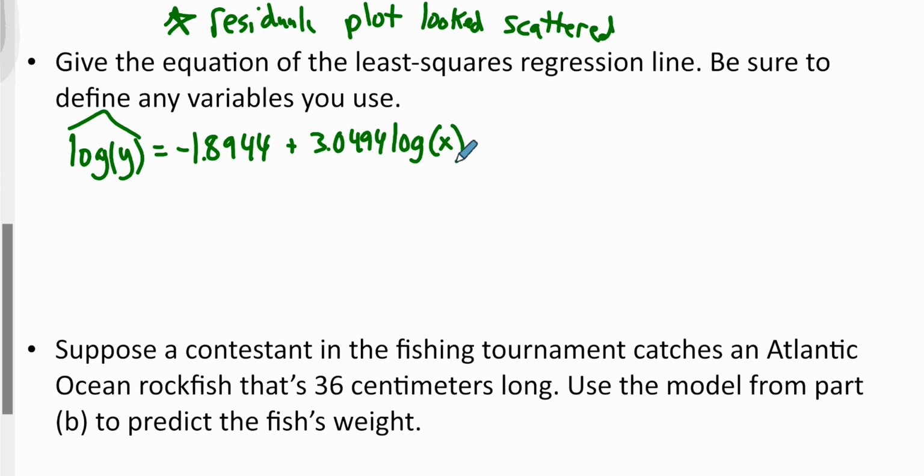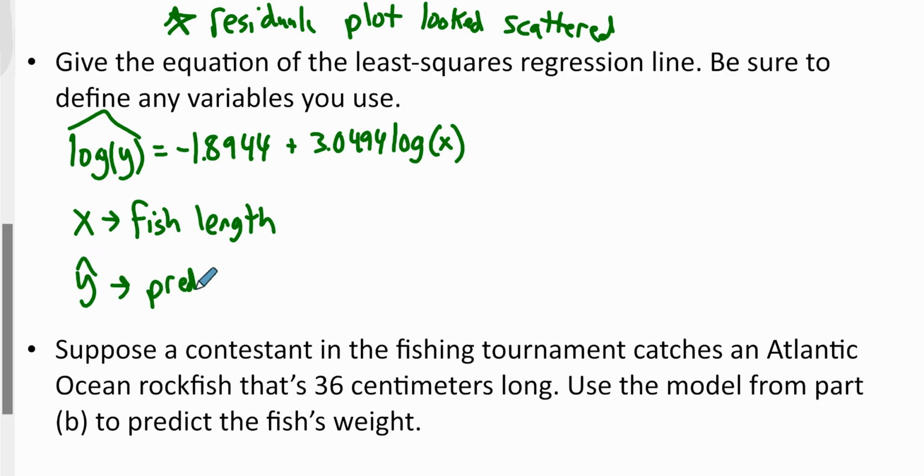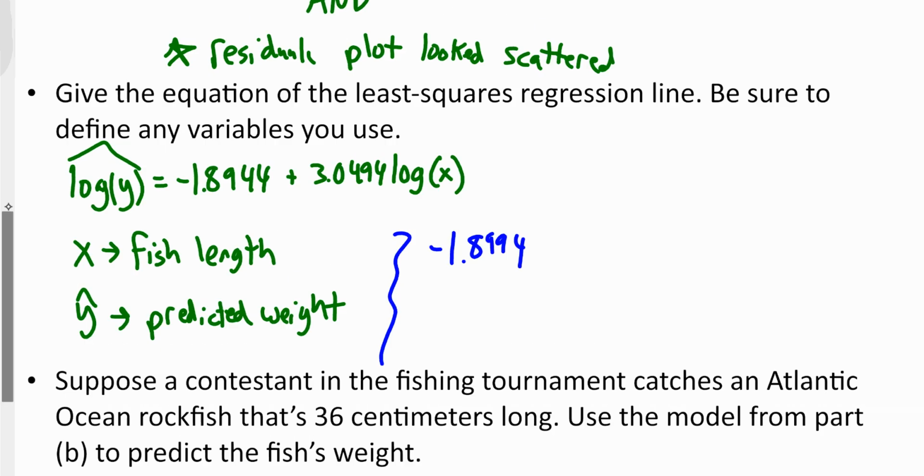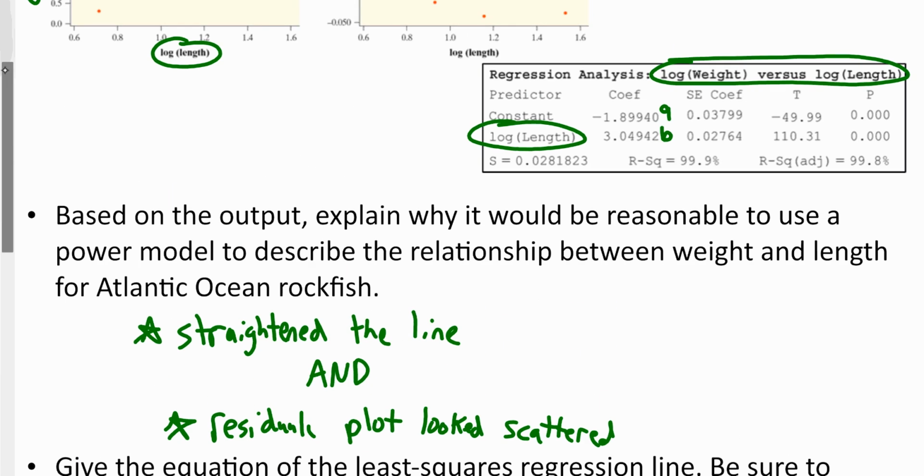Now we can still identify x as our fish length in centimeters. We can still say our y hat is our predicted weight. But if we want to also define the numeric values, we would have to say it a little bit differently. We would say that negative 1.8994, or 944, I don't remember what the number was, maybe it's 994.